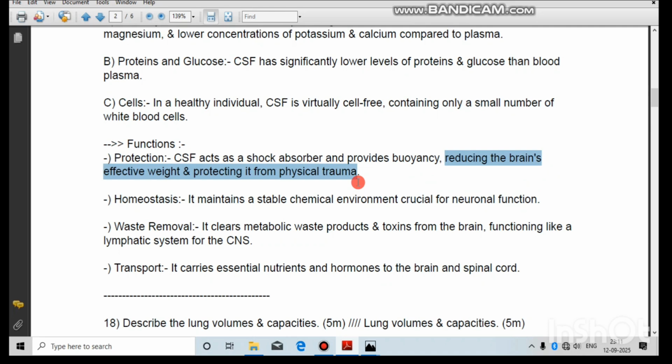So whenever there is any physical hit, trauma or injury to our brain or head region, all those shock movements are absorbed by the CSF. It will not let those vibrations travel to our brain. So it acts as a shock absorber. Next, it provides buoyancy. Buoyancy is nothing but it will provide balance. Because of the CSF, our brain and spinal cord are floating inside the CSF, so they are balanced there.